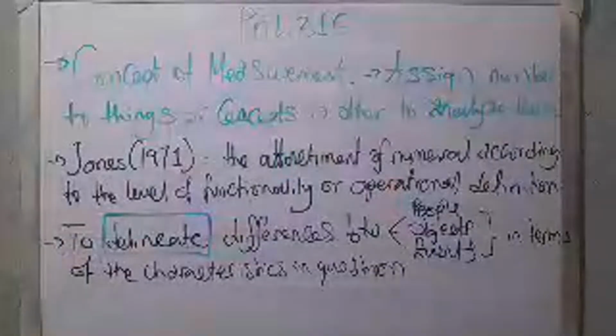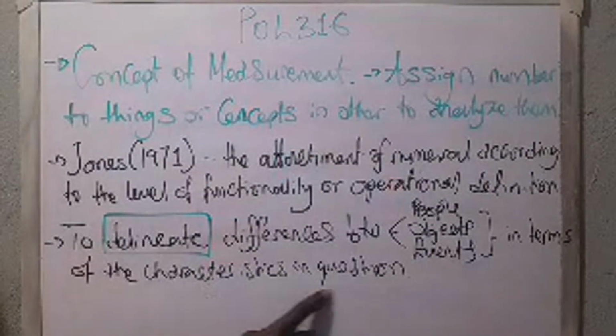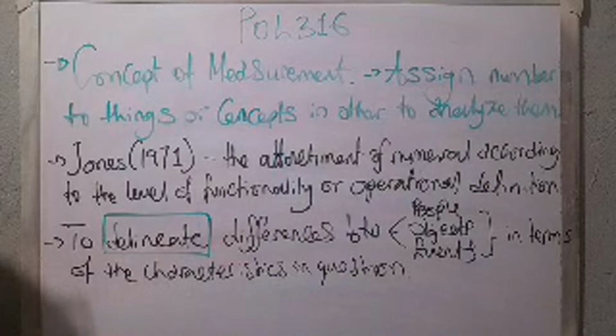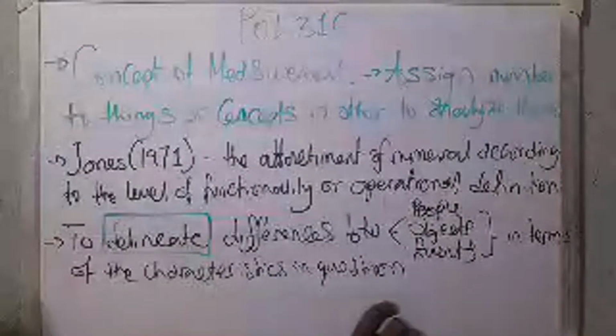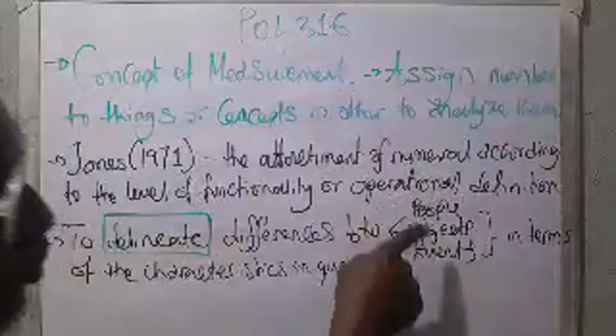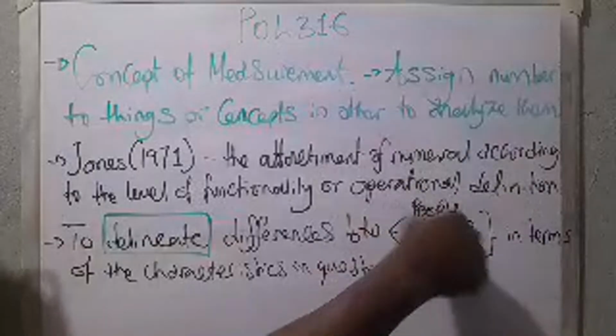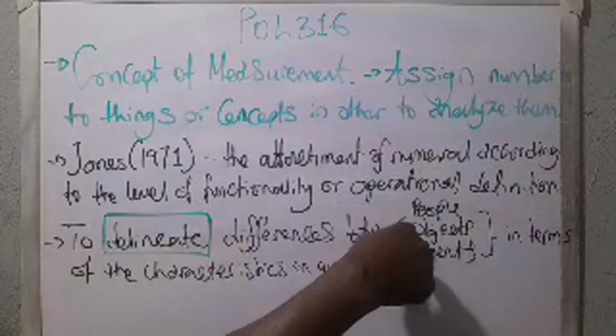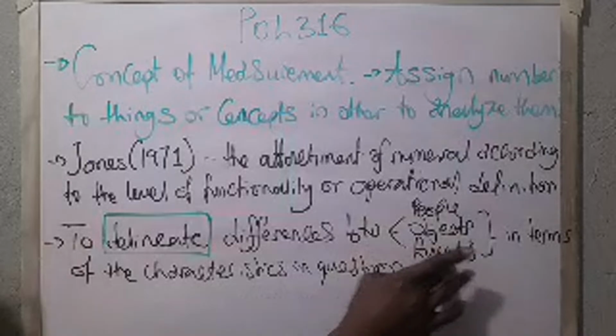Now when we talk about the specifics, we are talking about the characteristics in question. That is the reason behind your careful observation of assigning numbers to any of these. Although this list is not exhaustive, it's actually limited.